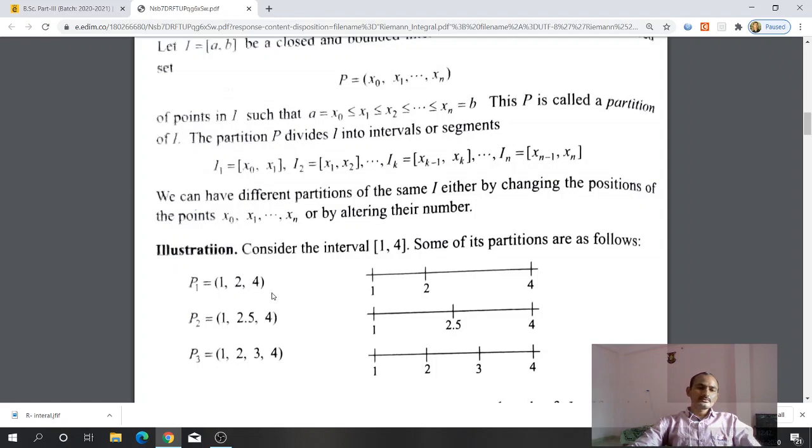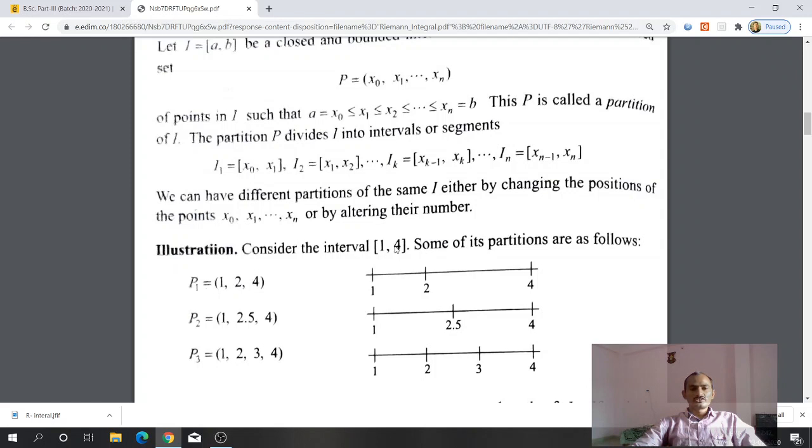So these are 3 partitions for your closed interval 1 comma 4. In the first partition, we have 2 subintervals. We have 3 elements in order, because 1 is less than or equal to 2, and 2 is less than or equal to 4.